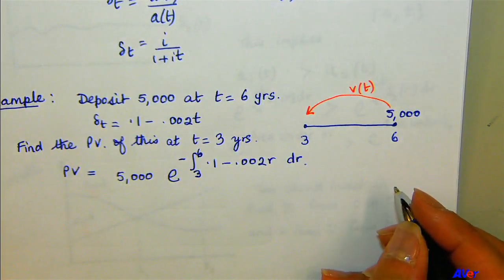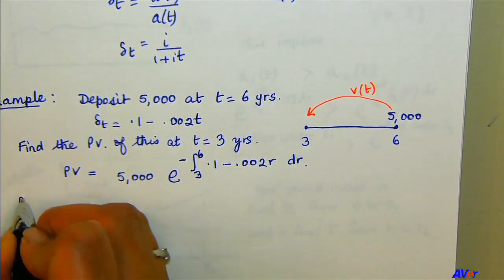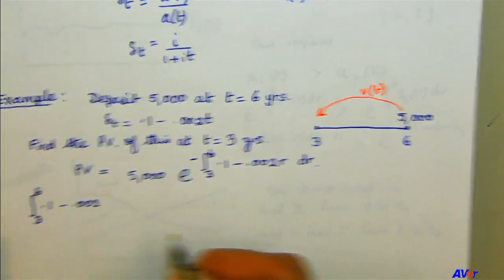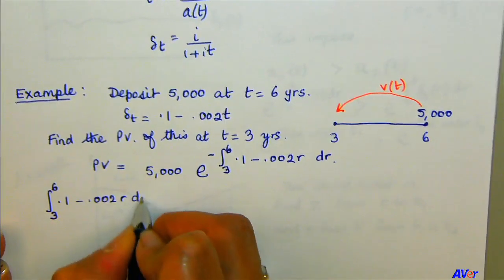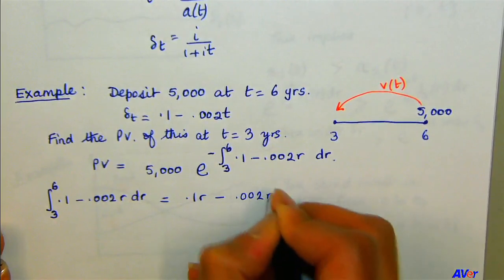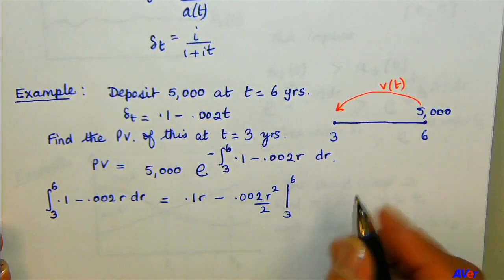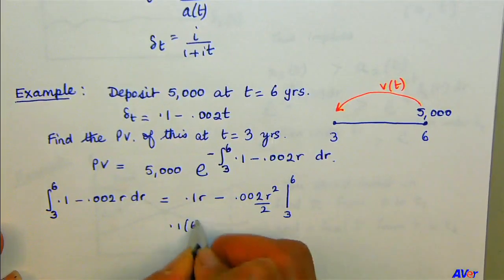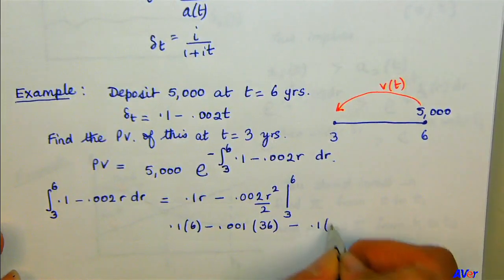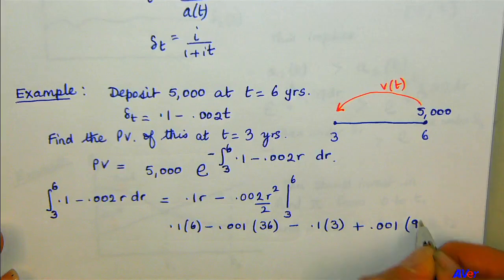So I have to go somewhere and do this now. So integral from 3 to 6 of 0.1 minus 0.002 r dr equals 0.1 r minus 0.002 r squared over 2, from 3 to 6. So 0.1 times 6 minus 0.001 times 36 minus 0.1 times 3 plus 0.001 times 9. Is that correct?